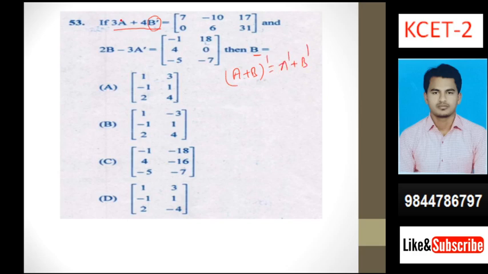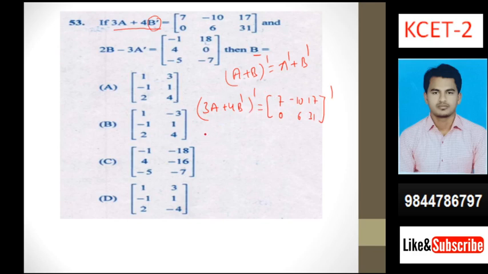The same property we are using here. Now 3A plus 4B dash, whole transpose, is equal to 7 minus 10 17 0 6 31 whole dash, using the transpose property.